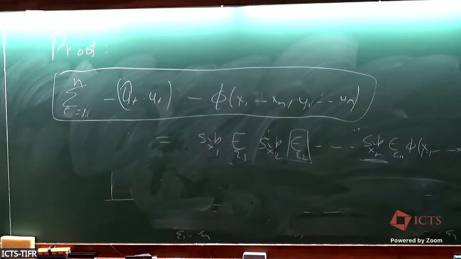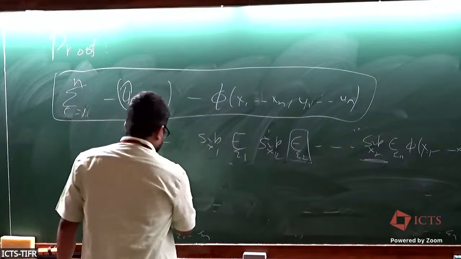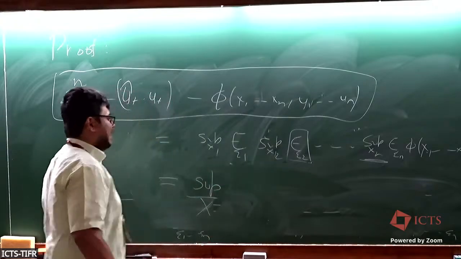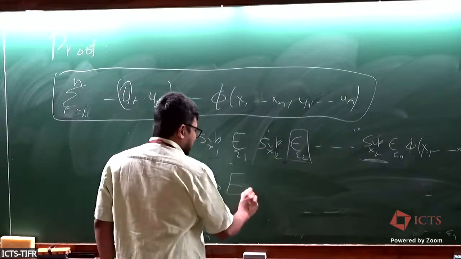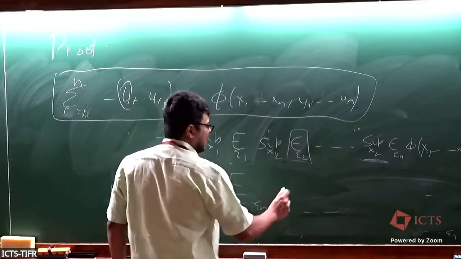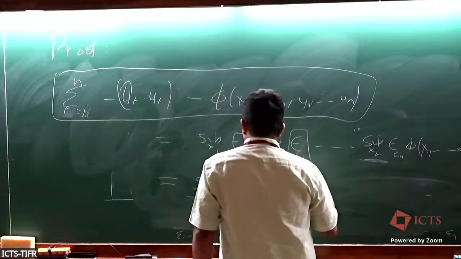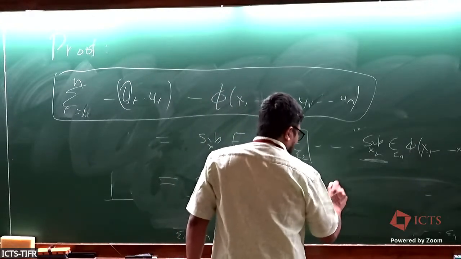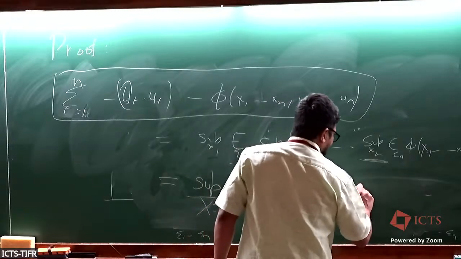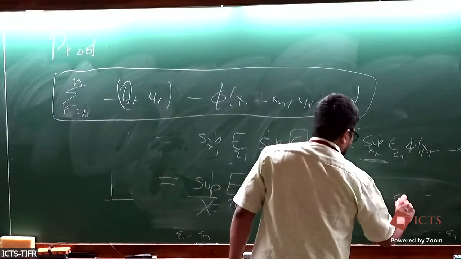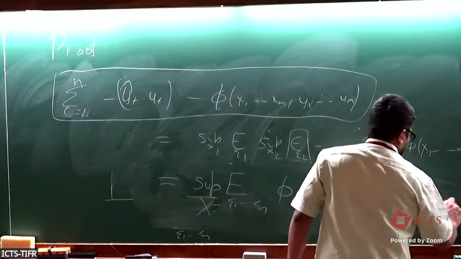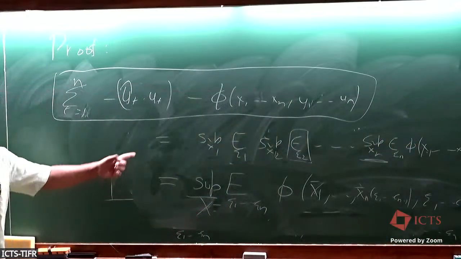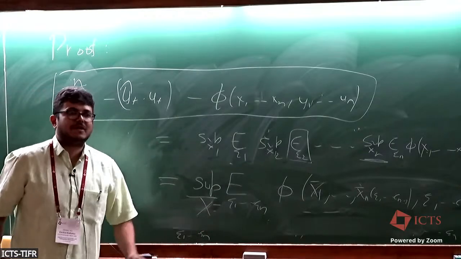Now, the final step here is the simple claim that this quantity is exactly the same as just picking the worst case tree x bar and then taking expectation over epsilon 1 through epsilon n, of phi of x bar 1 up to x bar n of epsilon 1 through epsilon n minus 1, comma epsilon 1 through epsilon n.